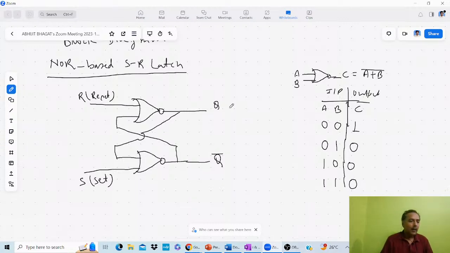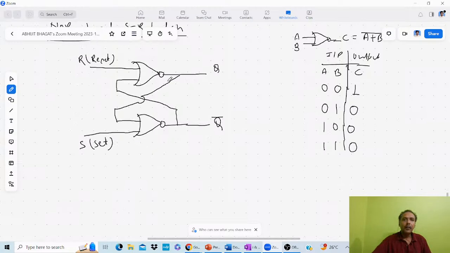Now in this case, you have to write down the truth table for this NOR based SR latch.